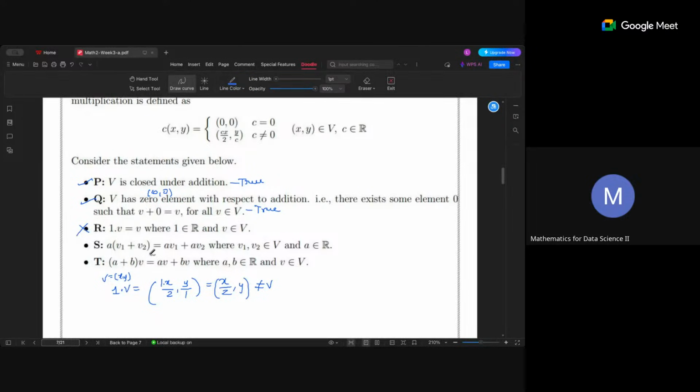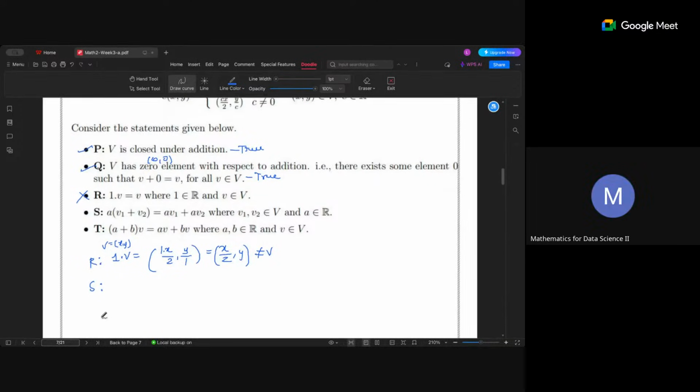What about this one? It's correct. Okay, so let's check whether S is true or not. For S, we look at a times (V1 plus V2). Let V1 be (x1, y1) and V2 be (x2, y2). What is V1 plus V2?